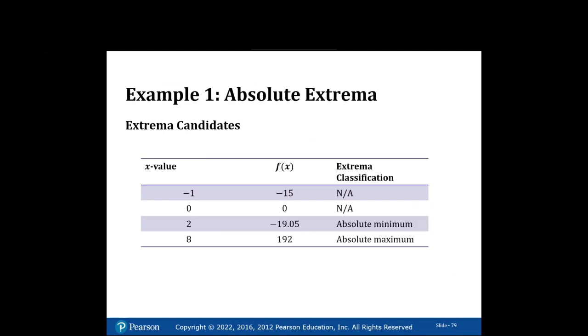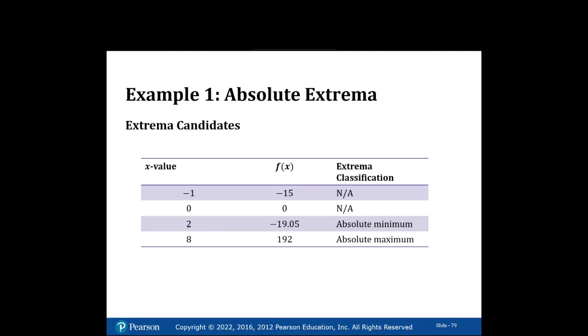Okay, so here we're looking at just a table. They've already figured out which candidates are allowed. So the x values that were allowed for extrema were -1, 0, 2, and 8. Plugging them into the function, we have -15, 0, -19.05, and 192.